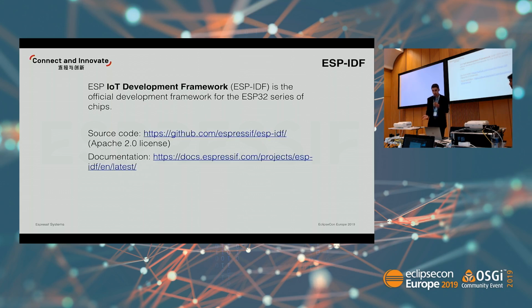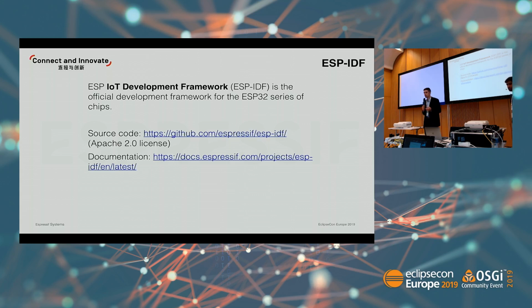So what do we use to program for these chips? The SDK for these chips, we call it ESP IDF, and it's open source. It's Apache 2.0 licensed. We develop this mostly internally, but we sync to GitHub usually every day or every couple of days, and we accept contributions.